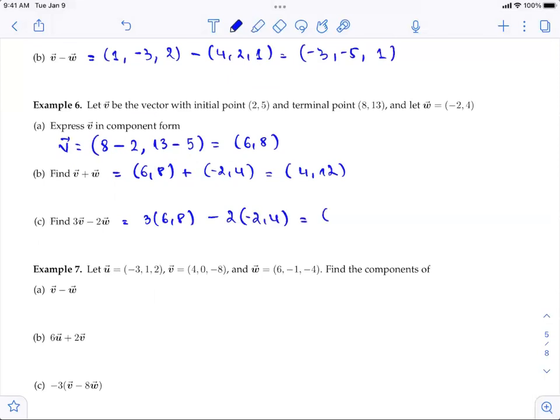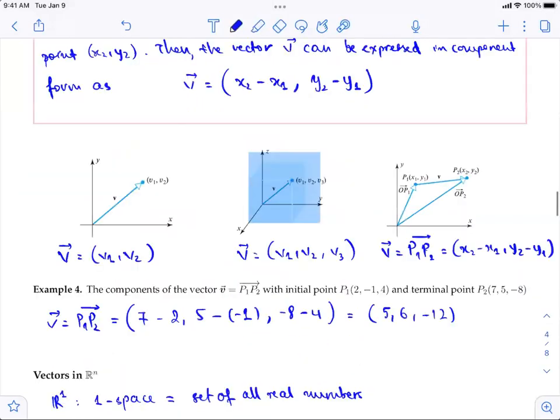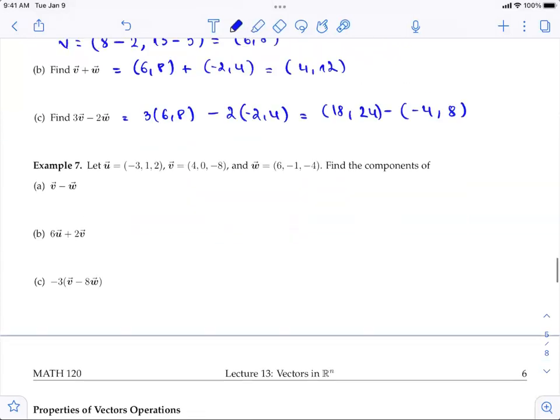Right, so this is 18, 24 minus -4, 8. You just do 2 times -2 is -4, and 2 times 4 is 8. And if you do the calculations correctly, this is going to be equal to 22, 16.